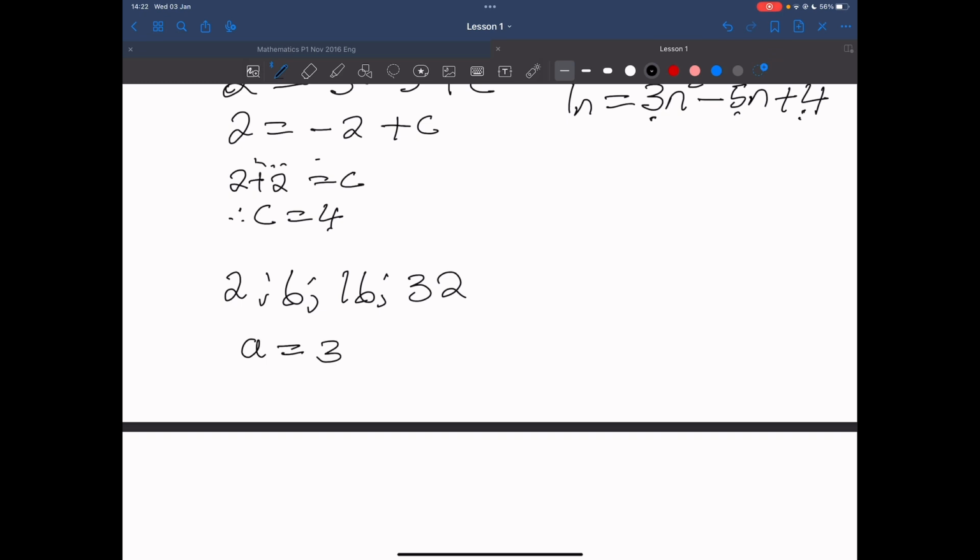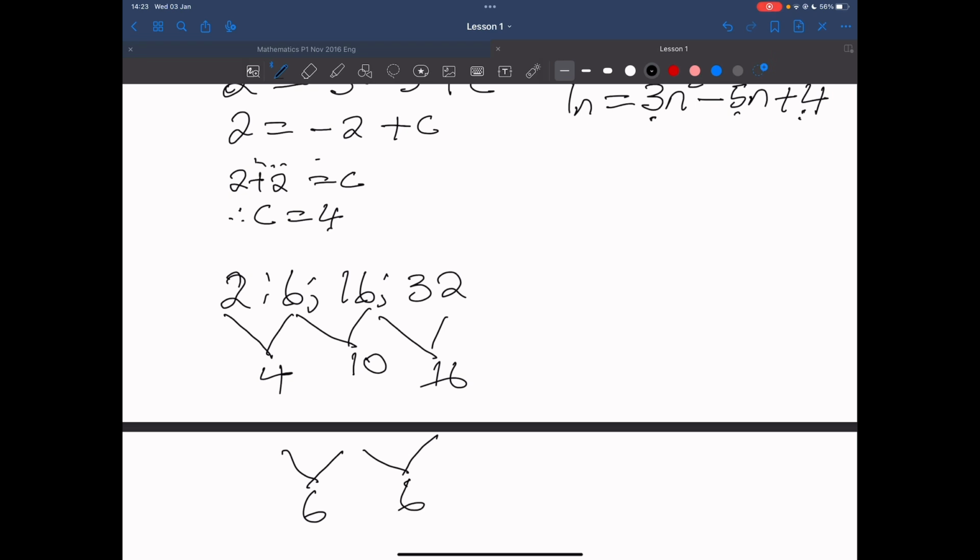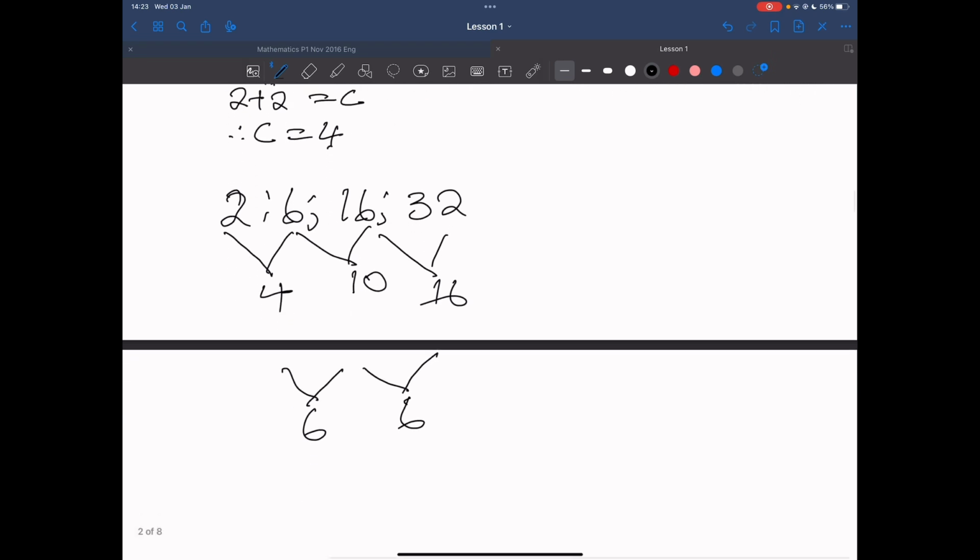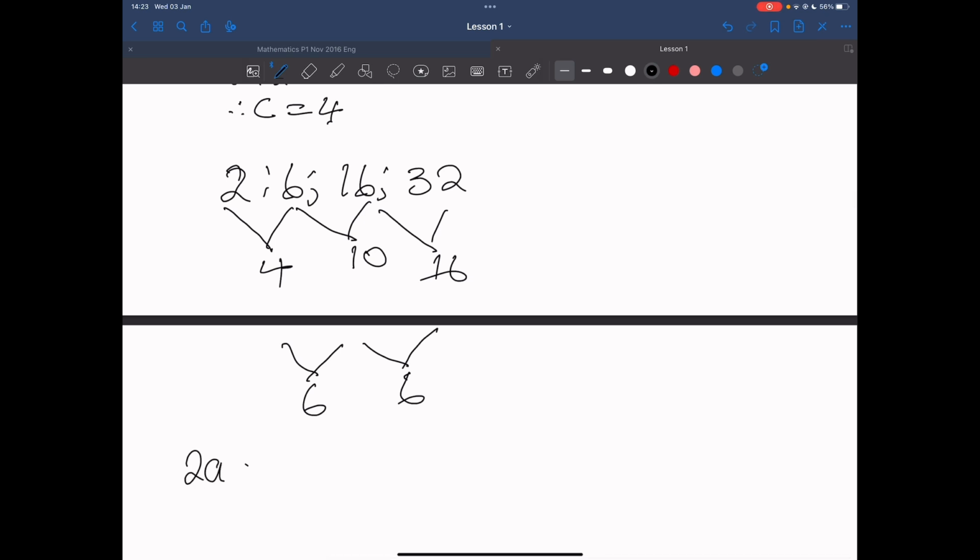We have seen how to get a. So let's see what we did. We said the differences are 4, 10 and 16. With these, we realized that we have a 6 and a 6. That's how we got our a. We said 2a is 6 and then a is 3.